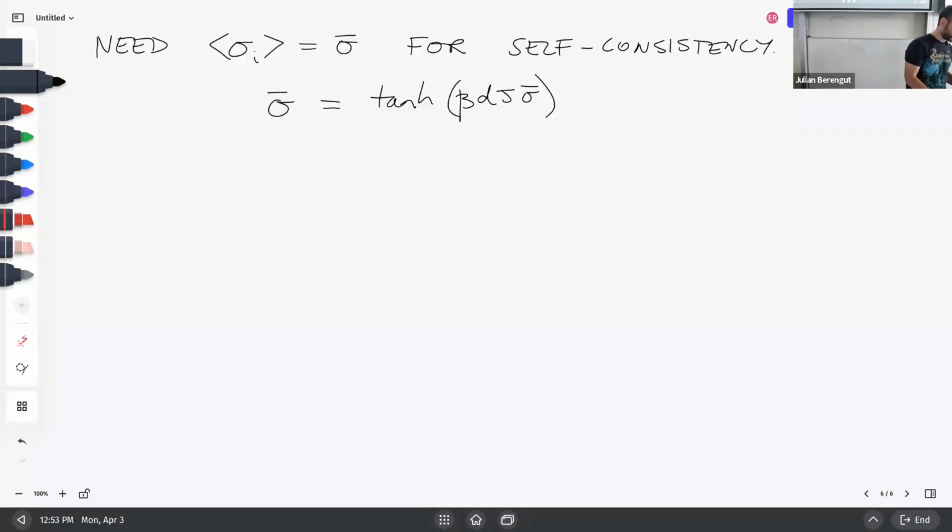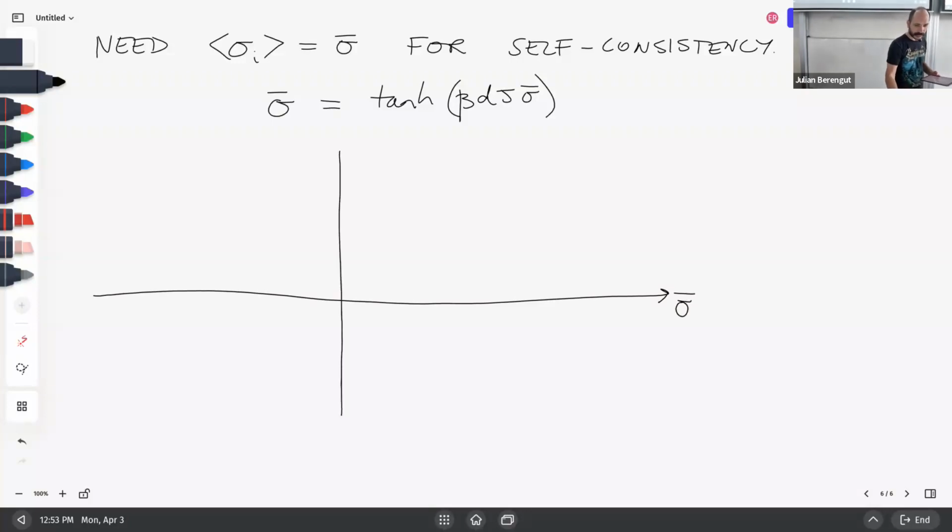It's time for us to remind ourselves what tanh looks like. So we're going to do a graphical solution of this. Here is sigma bar, that's 0. I need plus 1 and minus 1.